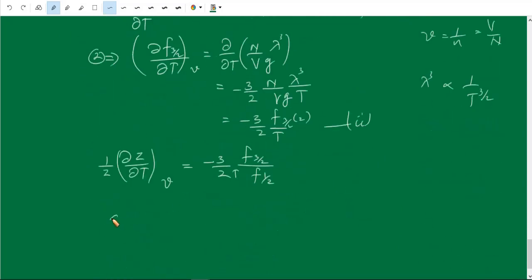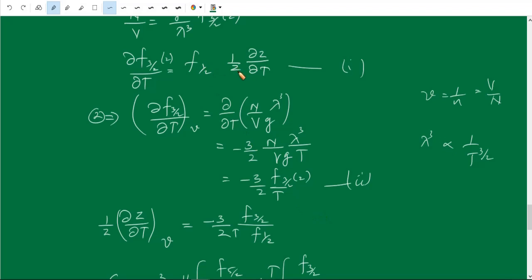So CV is equal to 3/2 NK [f_(5/2)/f_(3/2) plus T, the first one is, this will be f_(3/2) (1/z) ∂z/∂t].